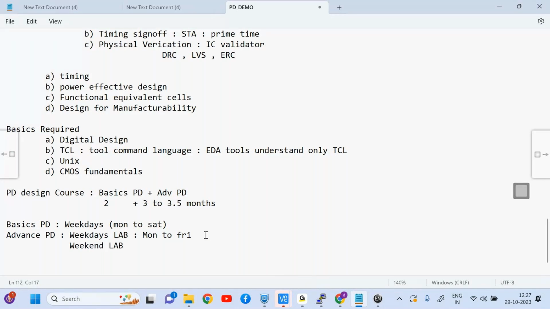Weekend lab is also available for working professionals who are not available on weekdays. For them we have weekend lab, only on Saturday and Sunday. This is only about advanced PD lab.